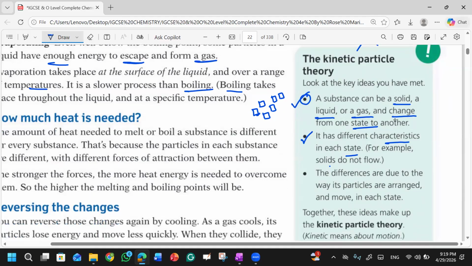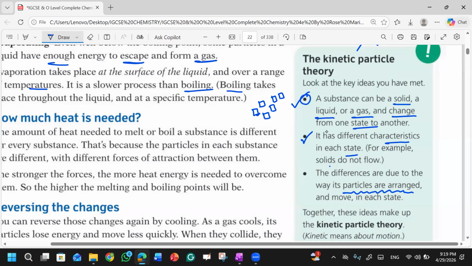Then, the differences are due to the way its particles are arranged. How solid, liquid, and gases are different, we have discussed in the first lecture. They are different on the basis of their particle arrangement. How are they arranged in solid, liquid and gas? In solids, they're arranged like a lattice, closely packed.